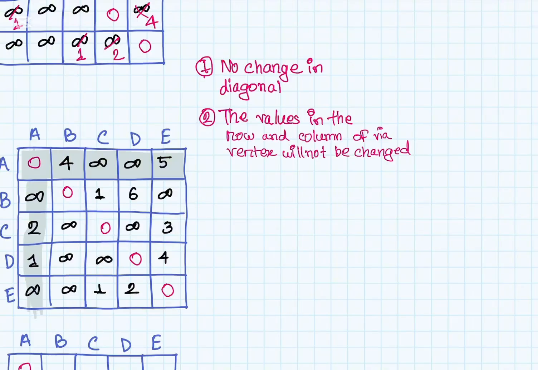Another trick is if there is an infinity in the via vertex row or column, we will not change the value in the corresponding column or row.